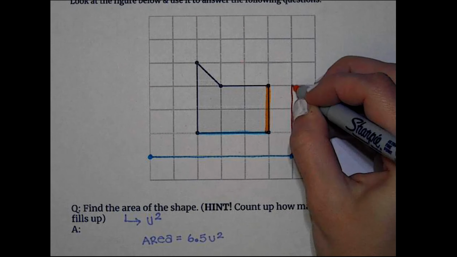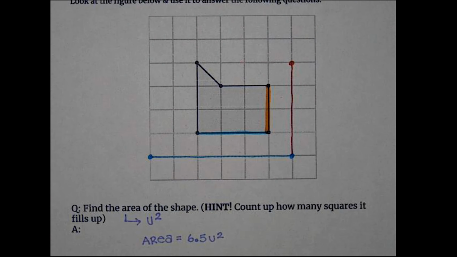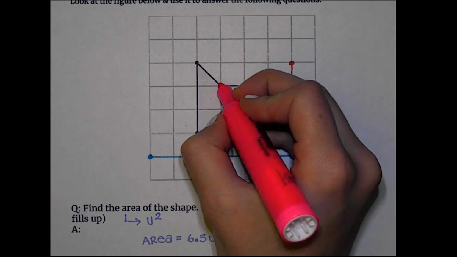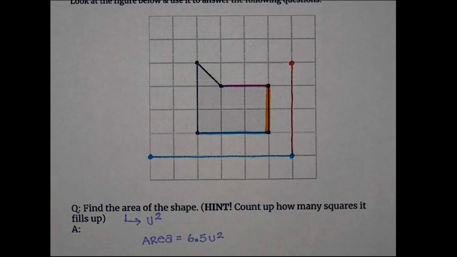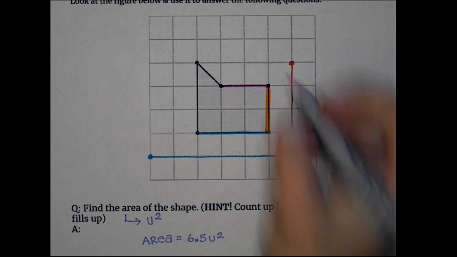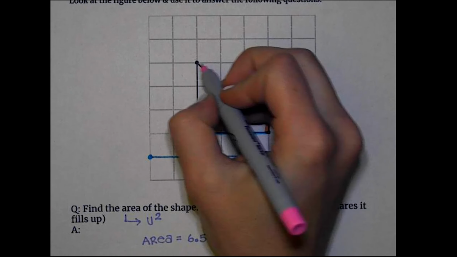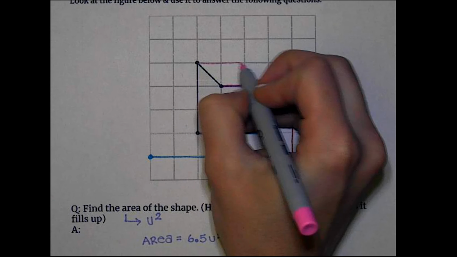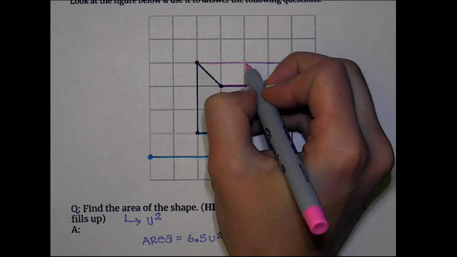It's a scale factor of 2. Then our next one is also going to be 2, but it's a horizontal line to the left. So if this is 2, we're going to make one 4 long. So we're going to go like this. 1, 2, 3, 4.